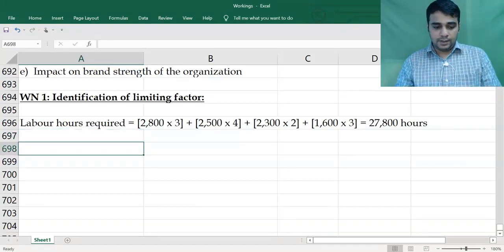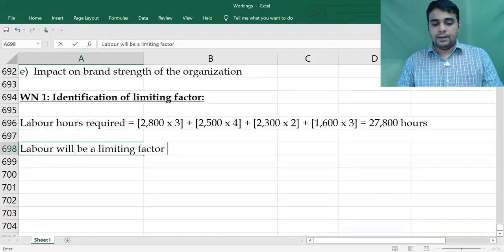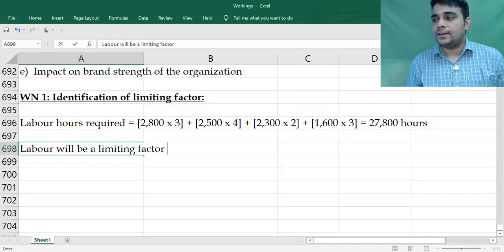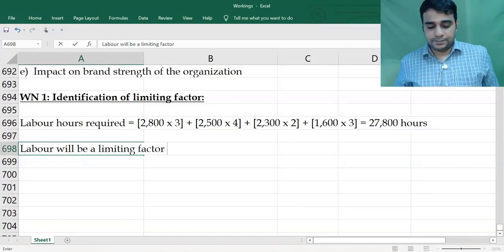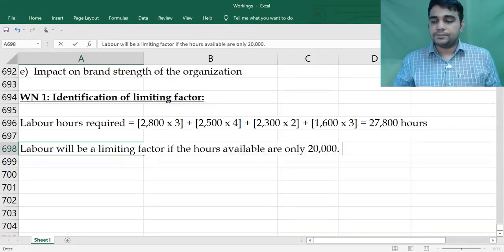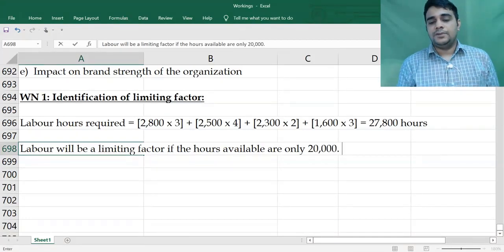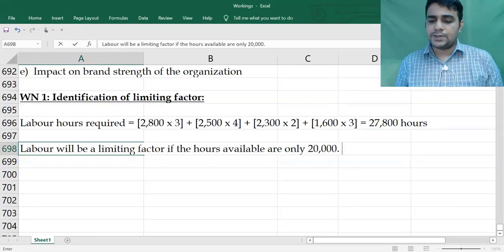Now, labor will be a limiting factor if the hours available are only 20,000.